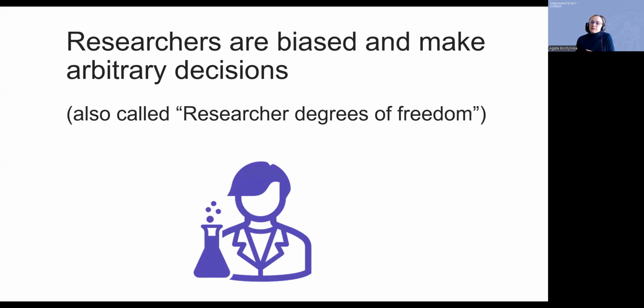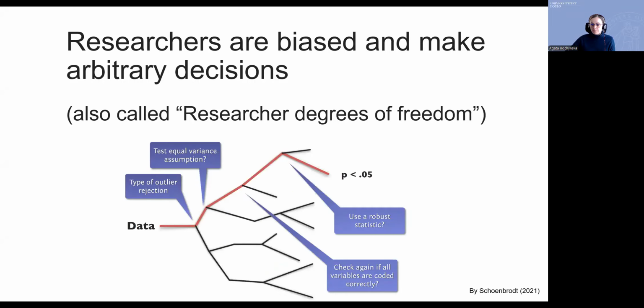But another problem is that we as researchers are humans, and humans are biased and make arbitrary decisions and make mistakes also in these decisions, and can be led by biases that we don't even realize we have. And this is also called researchers' degrees of freedom.